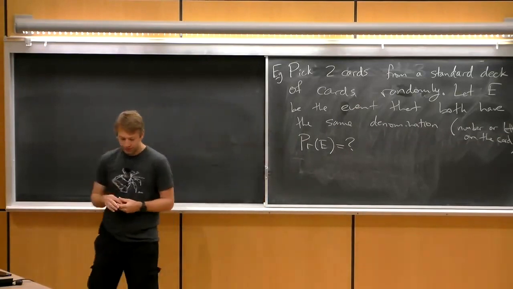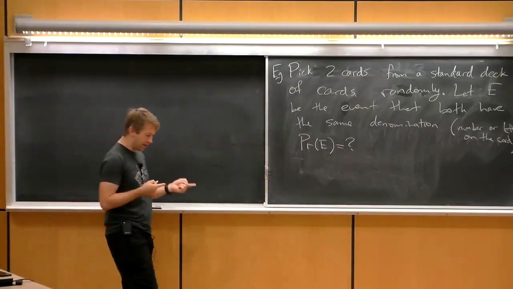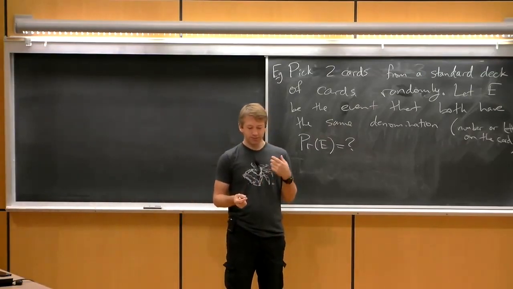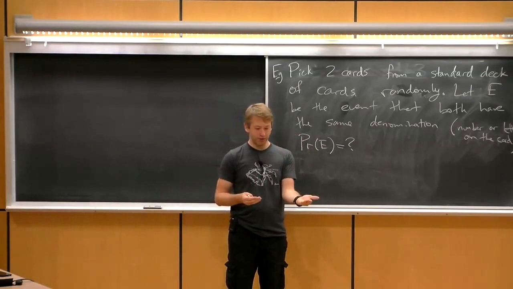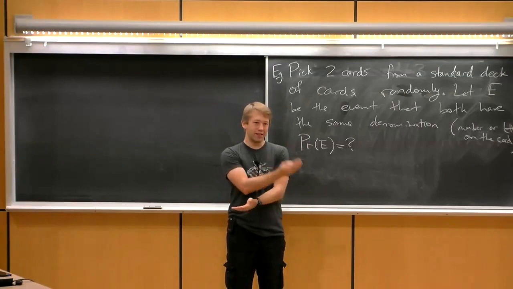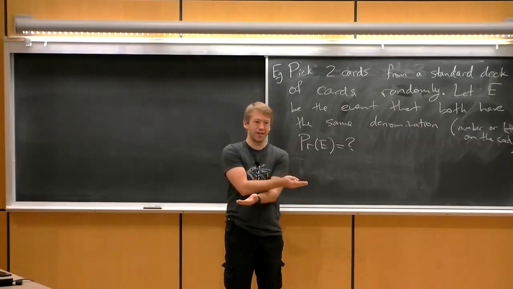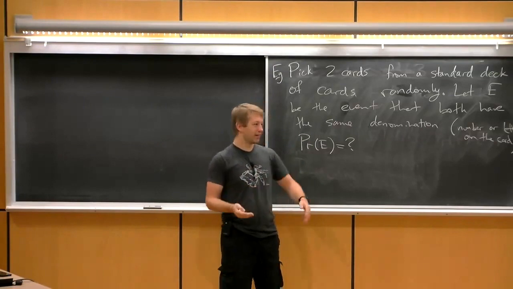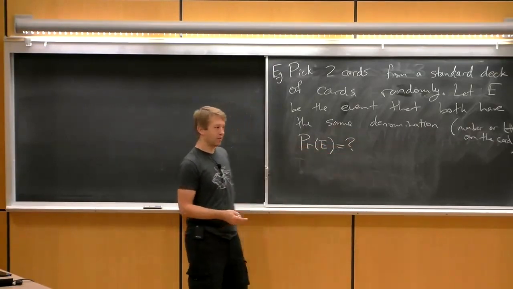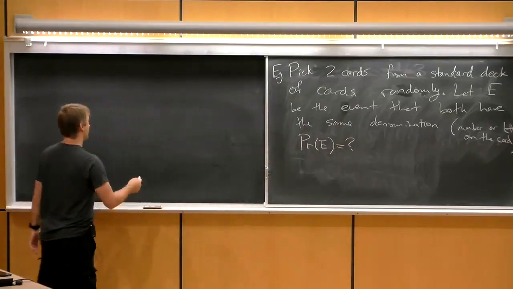And here's one thing. If you think about it, we should think about this as an unordered selection. Because if I get the two of clubs first and the three of spades second, it's the same thing as getting the three of spades first and the two of clubs second. It doesn't affect whether they're the same denomination or not, right? So order really doesn't matter.